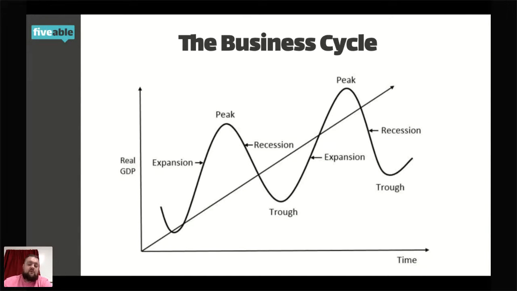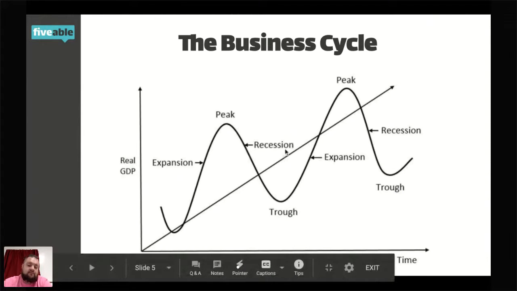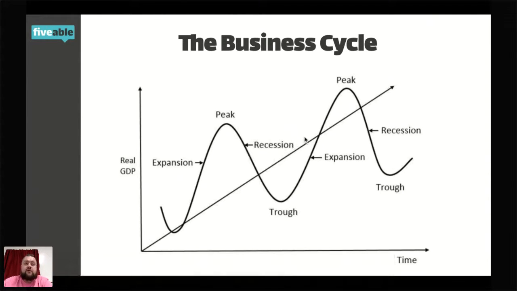Now, some people will ask me, what's the difference between a recession and a depression? We've had a few depressions. Really, I would argue two depressions in American history. And of course, the big one that you would know is the Great Depression in the 1930s. What I tell people is the difference between a recession and a depression is, A, how long it lasts, and B, the unemployment rate.